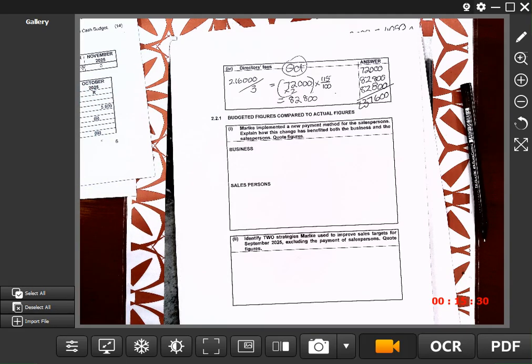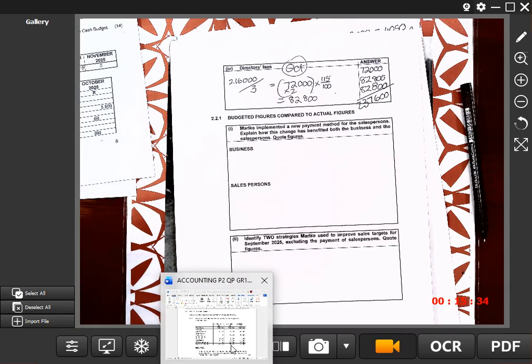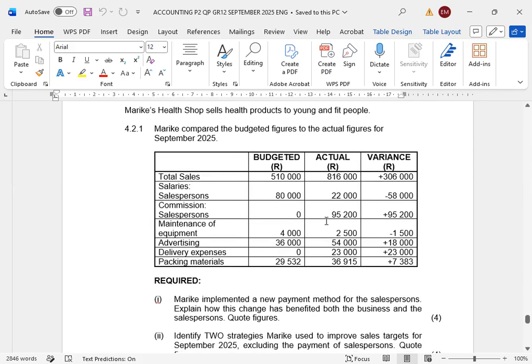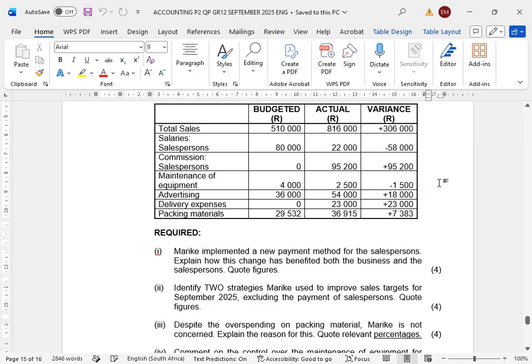So Marika has a new method, ne? So look at that. She budgeted a salary. But in the end, can you see she didn't pay that full salary? Does that make sense? But can you see she gave commission?